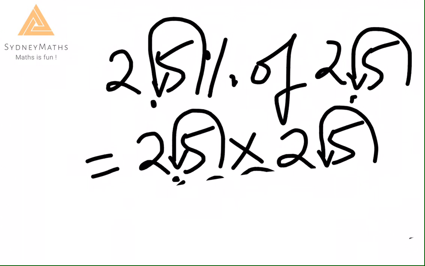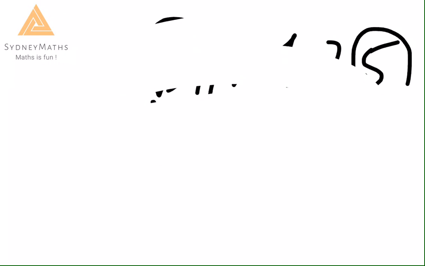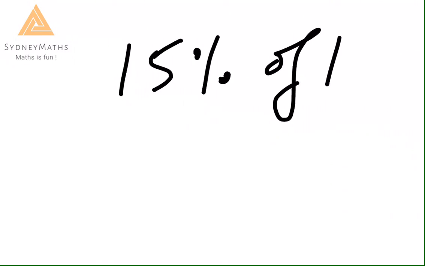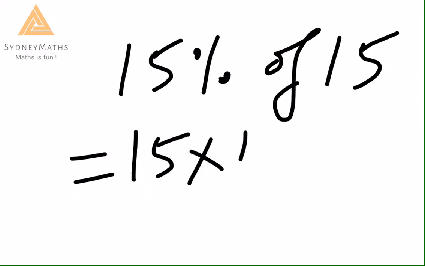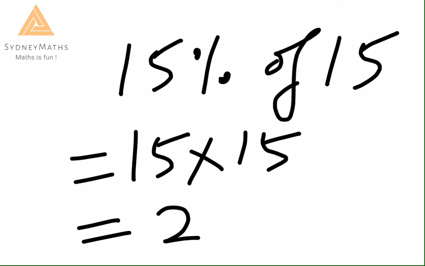Let's look at one last example to confirm our understanding. What is 15% of 15? Again, ignore the zeros, but there are no zeros. So we're just going to have to multiply the numbers. 15 into 15 gives us 225.